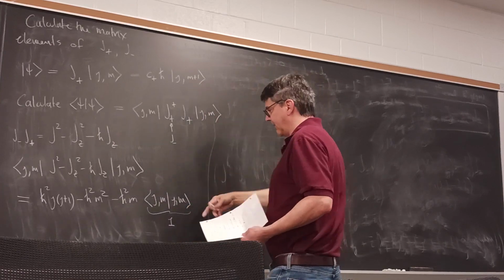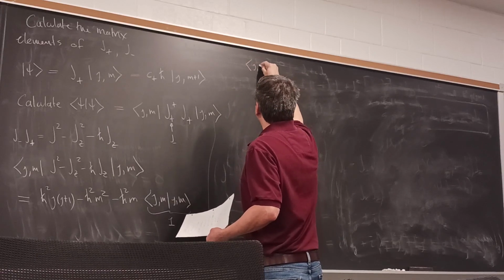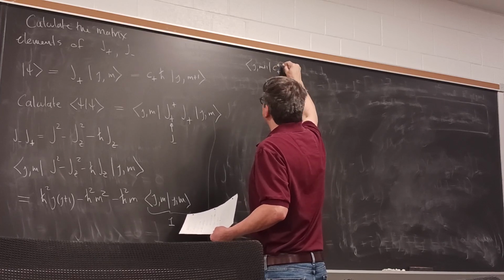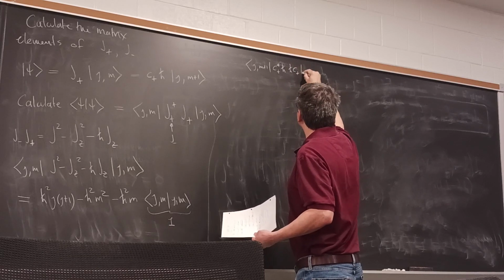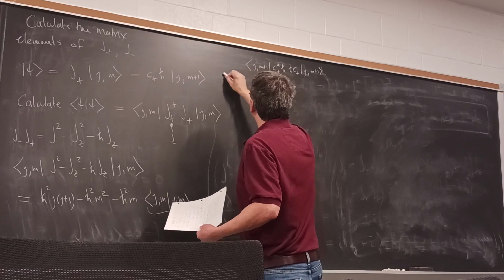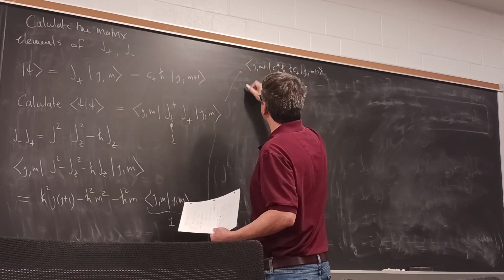So this has to be equal to, if we have J, m plus one, C plus complex conjugate, h bar, C plus, J, m plus one, this is equal to this.